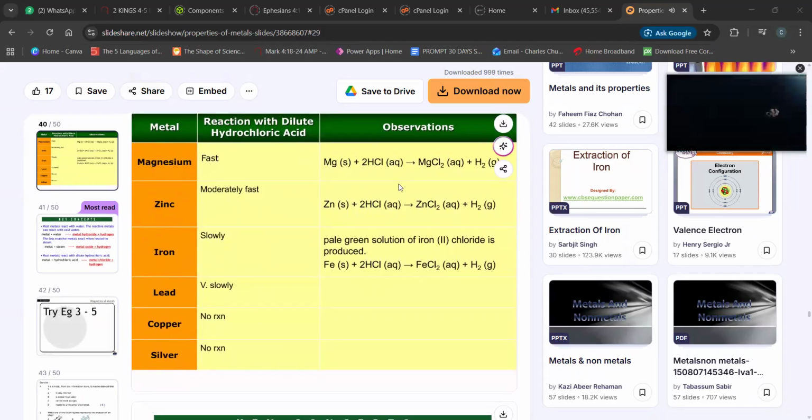But the good thing is that there's consistency. You see the metal chloride forming and hydrogen gas being released. I hope you got that.